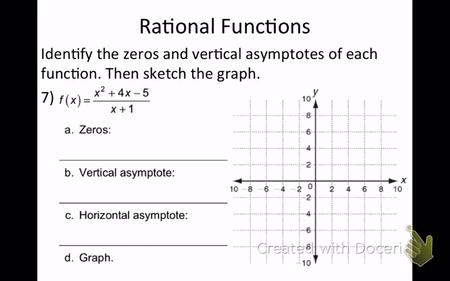All right, Jake O'Connor. You had to factor it down first, right? How do you factor the numerator? x plus 5, x minus 1. All over x plus 1, right? So where are my zeros located at, Jake? Negative 5 and 1. Nice job.